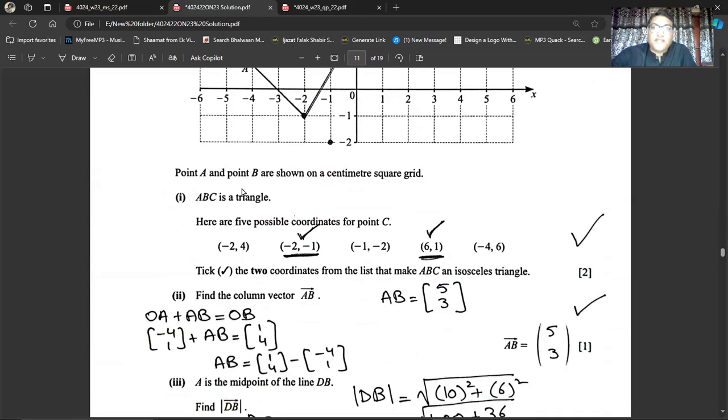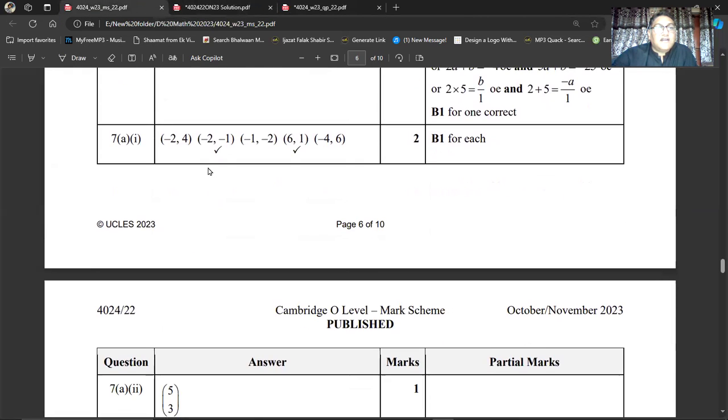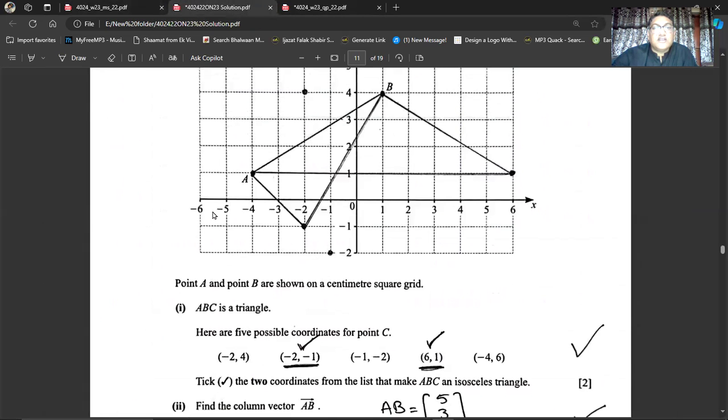So these are the 2 points which make that triangle isosceles, the possible values for the coordinates of the C. So let's check. So our answer is right. This is the solution. Hopefully you understand.